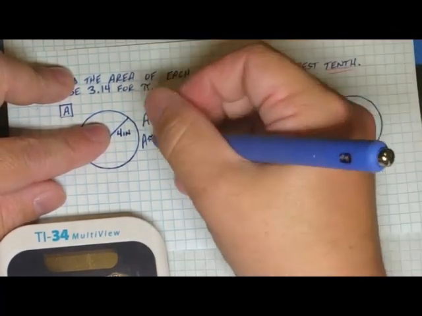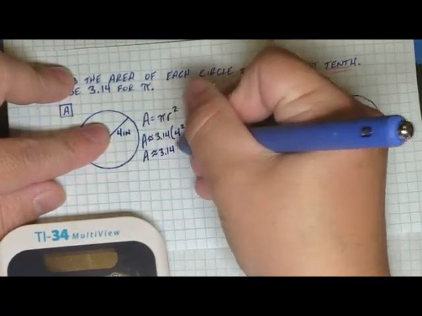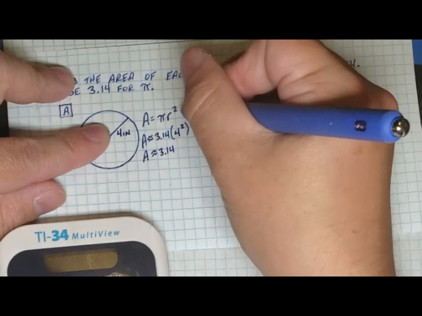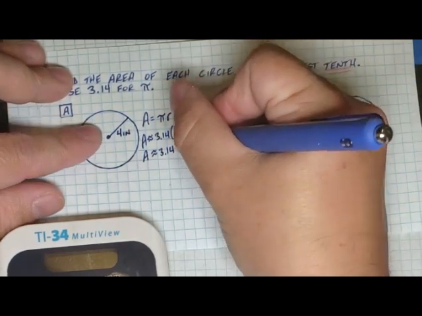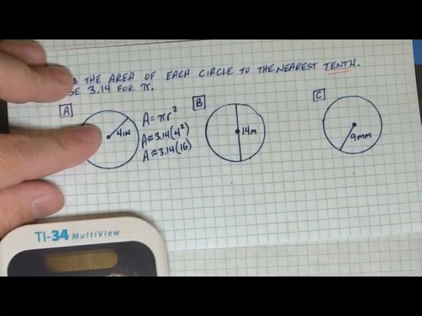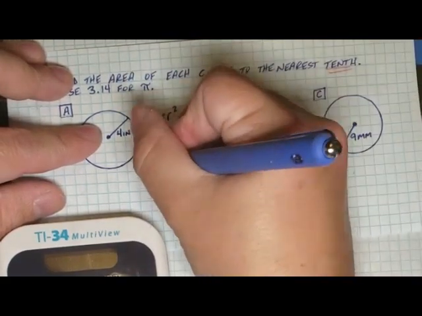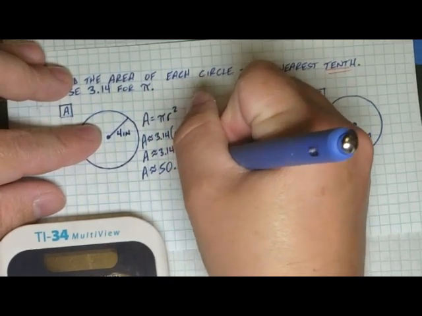And then just like we practiced on the problems of the day, if we have multiplication and exponents, we want to do the exponent first. So we're going to do 4 squared. 4 times 4 is 16. Now we can do 3.14 times 16. That gives us 50 and 24 hundredths.